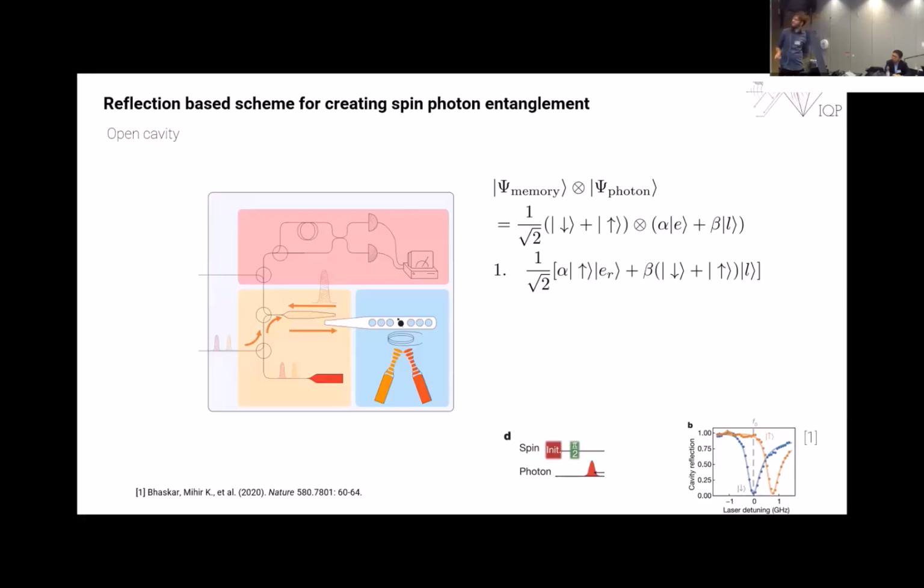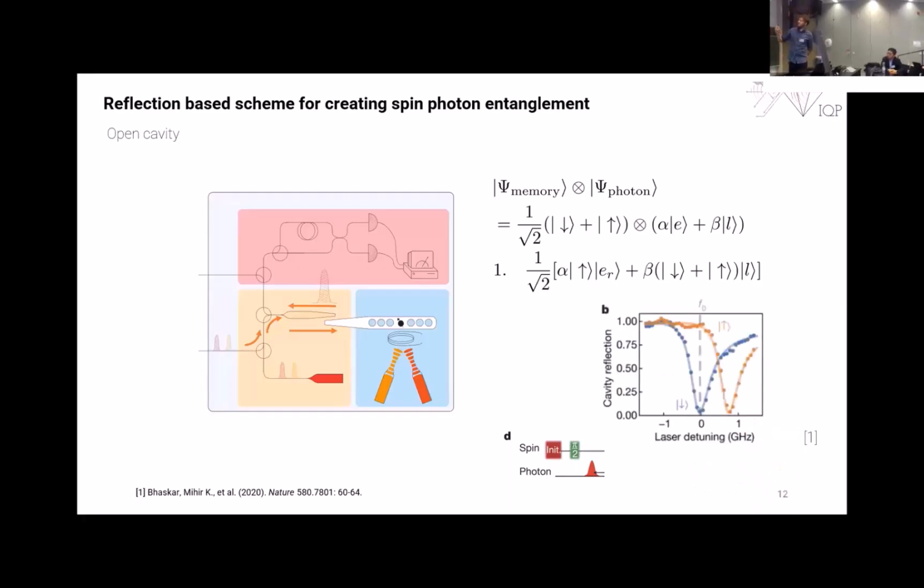Now the trick here is that this reflection is spin dependent. So this is from a paper where they showed that you can get an entanglement assisted boost in the rates, and a silicon vacancy in diamond that acts as the memory, so not the tin vacancy, but the silicon vacancy.